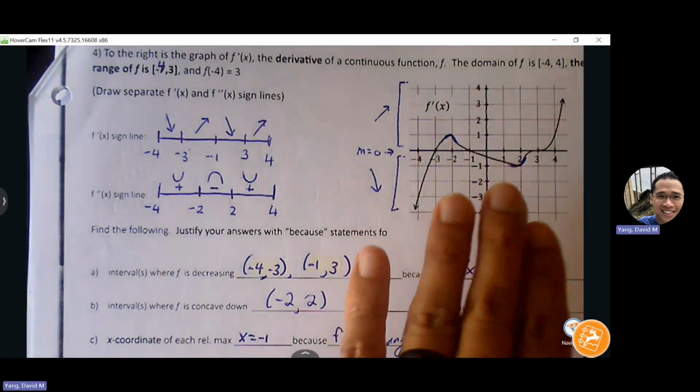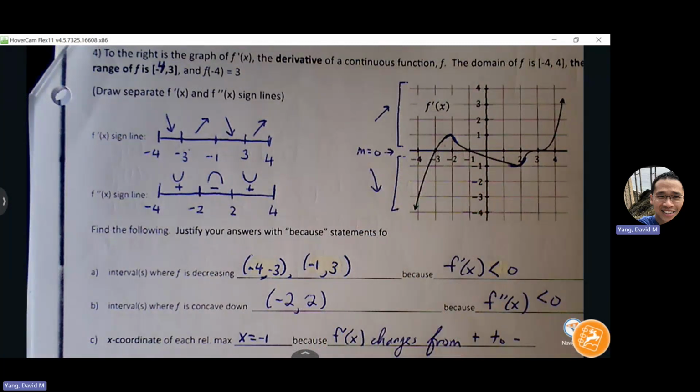So I'll draw the graph with you. Okay, you're talking about the f of x graph, right? Yes. Right now, when you draw the f of x graph, don't worry about the concavity, just worry about f prime, the slope.